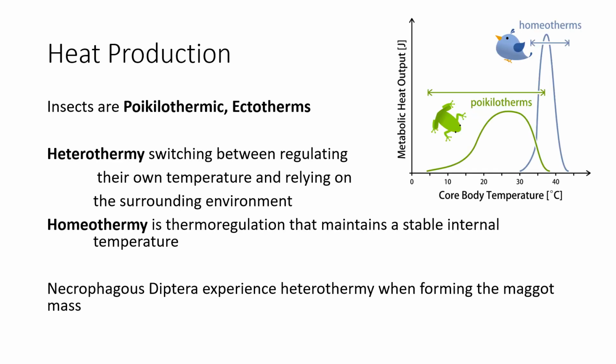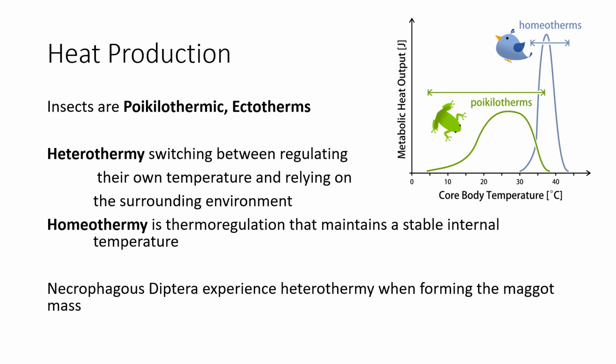So when we're talking about temperature, this is really well understood. You probably have heard these terms when you took your intro bio or if you took an organismal biology course. Insects are poikilothermic ectotherms. And so what that means is that they don't generate their own heat, so they're ectotherms.